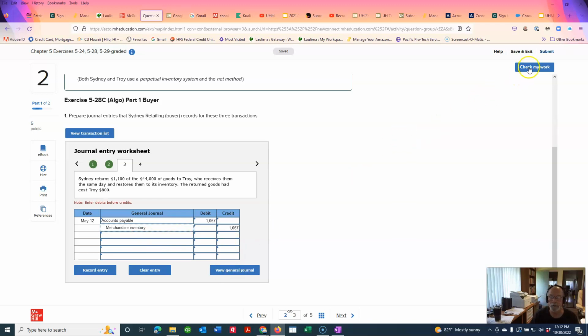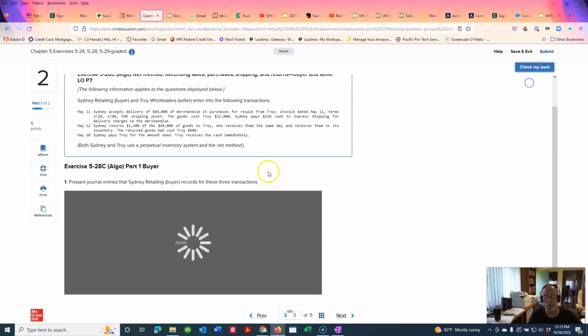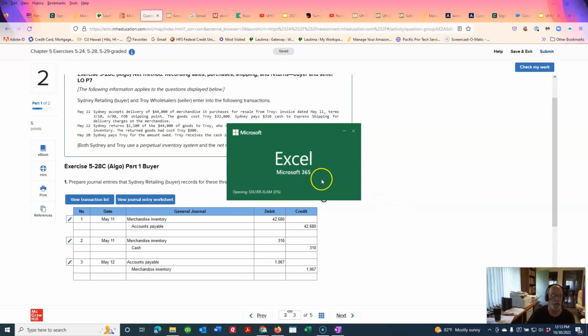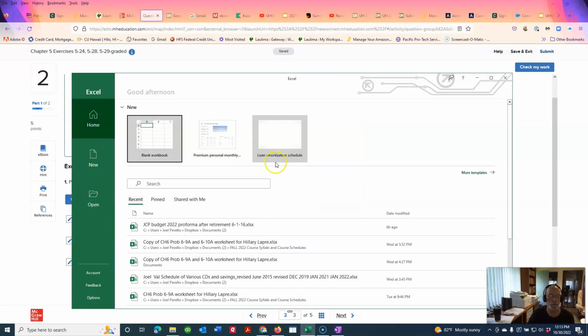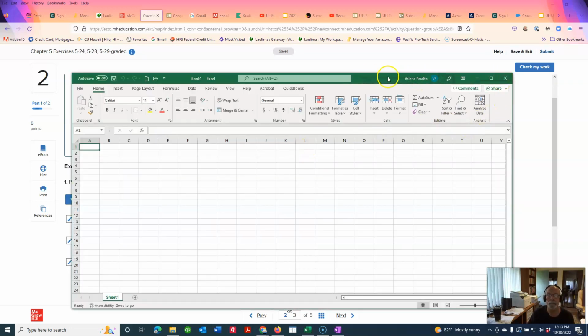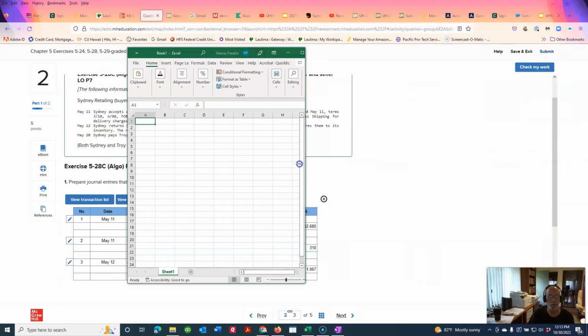And let's see if that's going to work for us, and it does. So let's see, maybe we can get a small little worksheet, Excel spreadsheet up here, and show some of our calculations. It might make it a little bit easier.